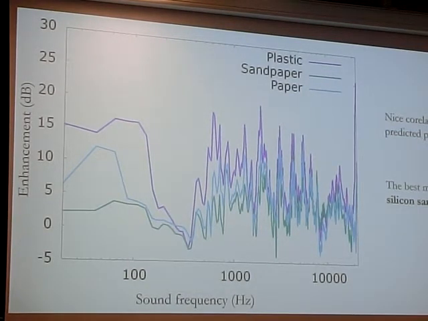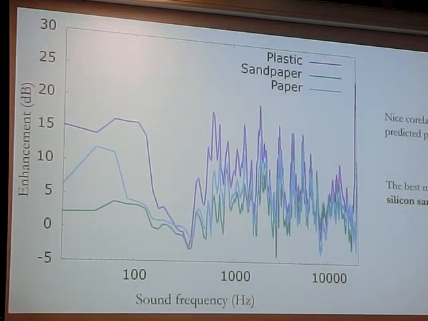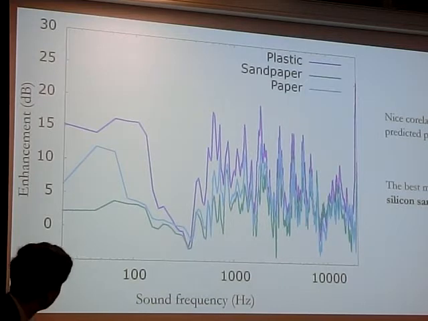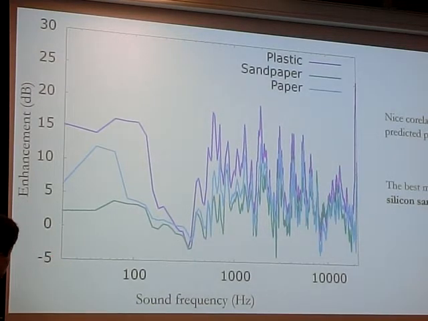Frankly, because it's a log scale, we can see that the plastic is very good at pretty much every frequency. The paper was not so good because it wasn't thick enough, and the sandpaper surface isn't really clean, so random collisions and those things absorb a lot of sound.